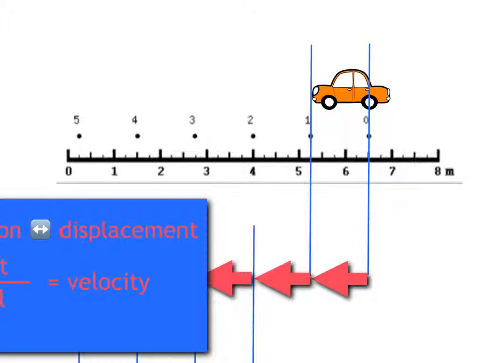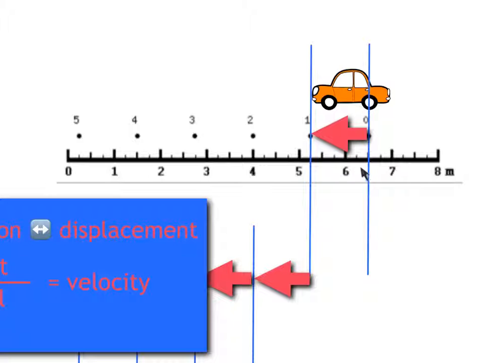So what is its change in position? Well, if each space is worth a quarter of a meter, then 1, 2, 3, 4 spaces makes 1 meter. So let's count how many spaces we've got from 0 seconds here to 1 second there.